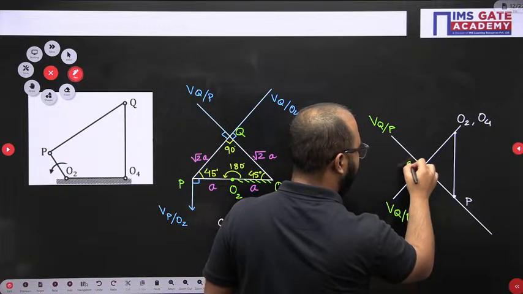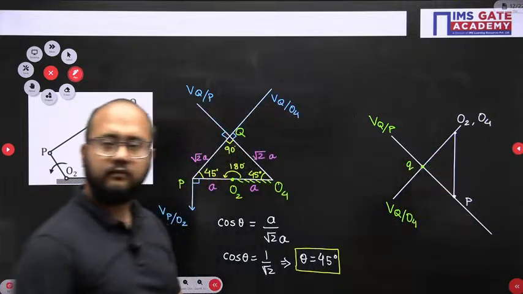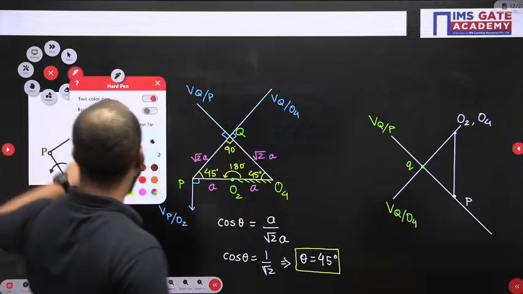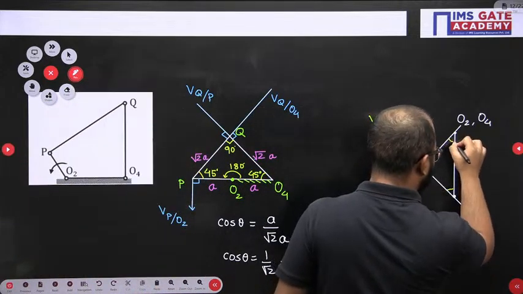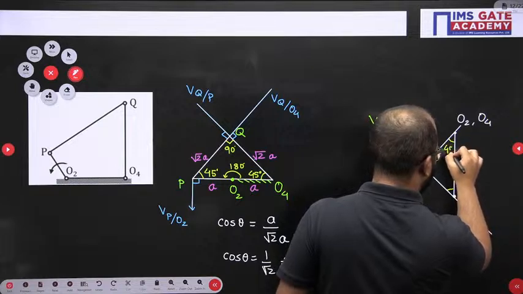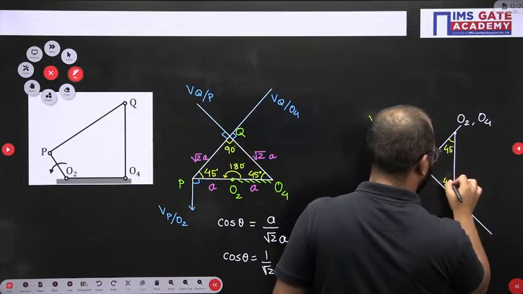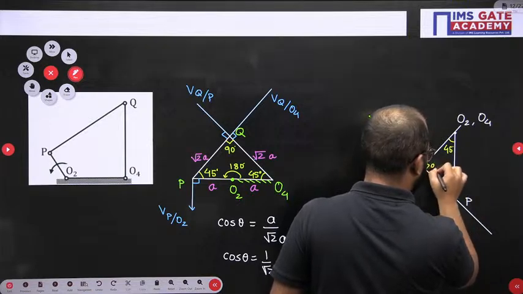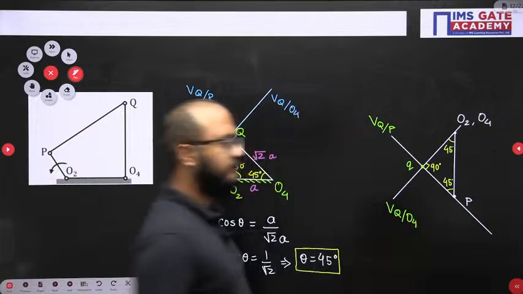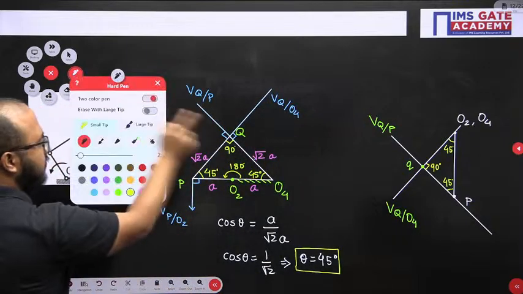So, this is the point Q. Now, understand this angle is 45 and this angle is 90 degrees. Right? Angles are also clear.